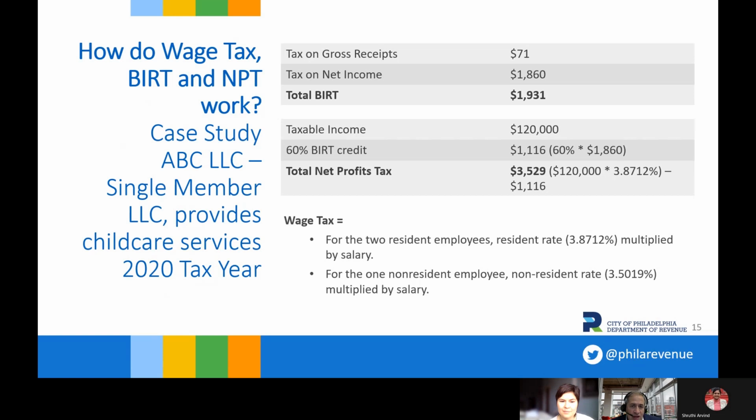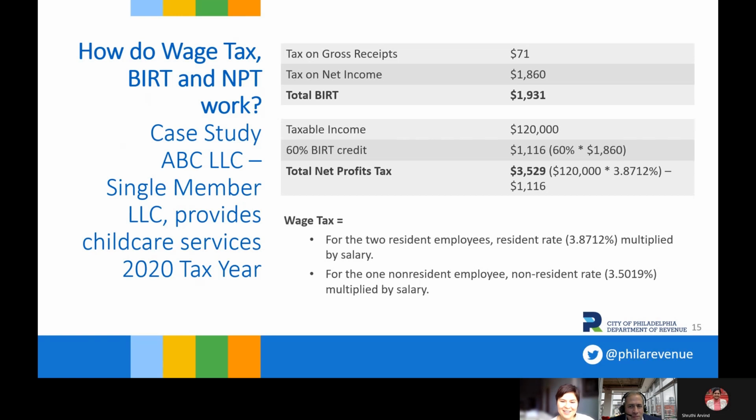So 60% of that, $1,116, you get to deduct that from your taxable income. And then, I'm sorry, you also have to, the taxable income is multiplied by the resident wage tax rate in this case. And then from that product, you deduct the BERT credit. It sounds more complicated than it really is.